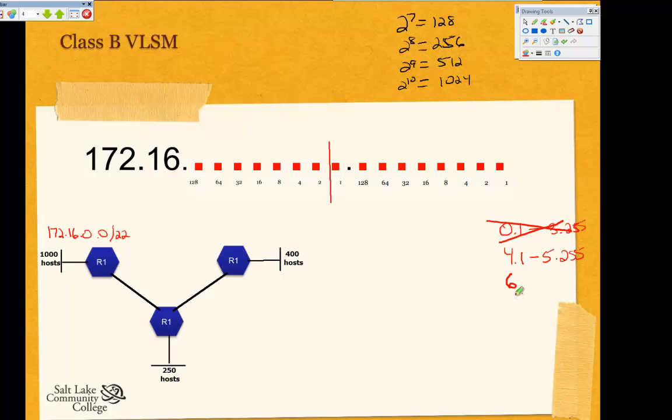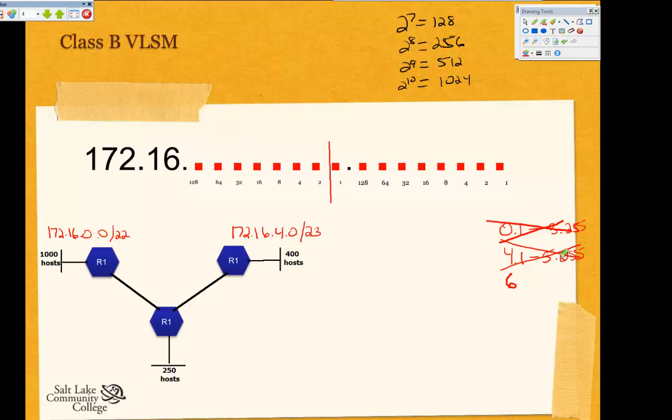We're going to come over here and we're going to apply that to this side. 172.16.4.0 with a slash what mask? A slash 23 mask. 8 plus 8, 16, 17, 18, 19, 20, 21, 22, 23. Great. Now we're going to get rid of those numbers because we don't ever want to use those again.